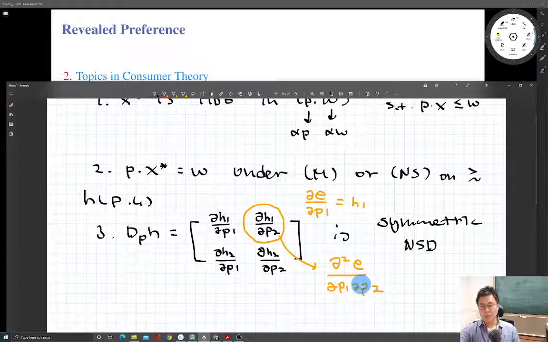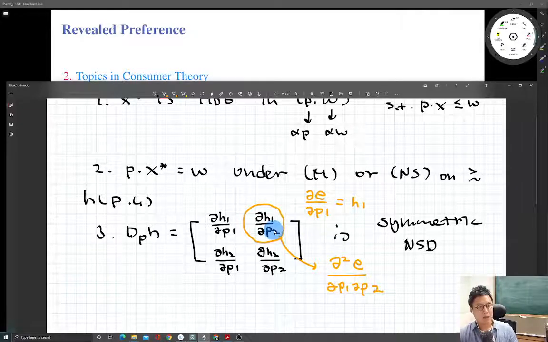And furthermore, what we know about this expenditure function is that it is concave with respect to price. By definition, the expenditure function tells us the minimal expenditure. So minimal expenditure is increasing as price increases, but at a decreasing rate. So it shows a concave pattern with respect to the change in prices.